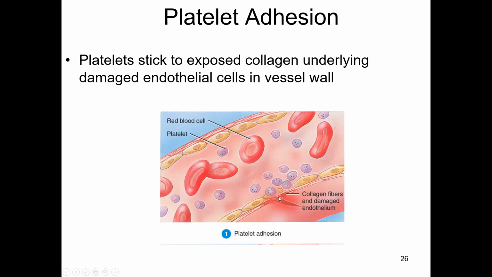When a platelet contacts collagen fiber, the platelet changes completely from a little disc-shaped structure to a Velcro-like sticky small formed element. And that allows the platelet to stick to the collagen fibers and also stick to each other eventually.